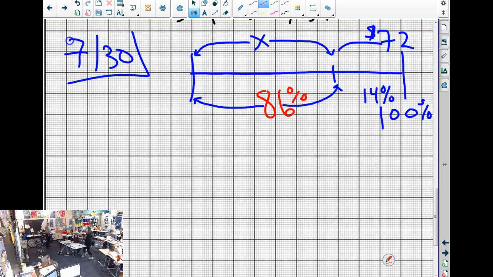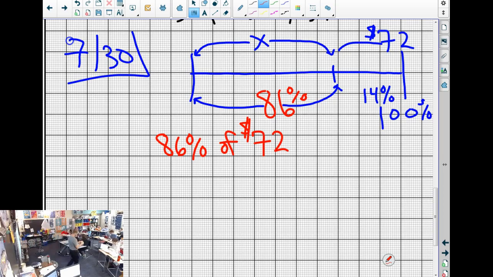Yep. Okay. So, Skylar correctly pointed out 86% is that unlabeled part. Because we know that there's 100%, and they tell us there's a 14%. What do we want to know 86% of? Of $72.